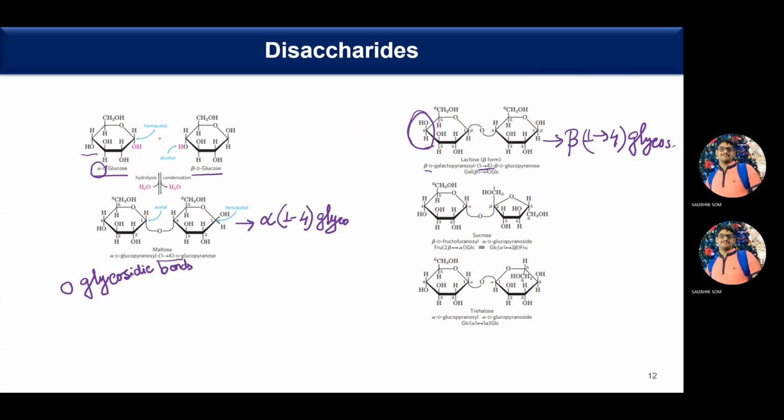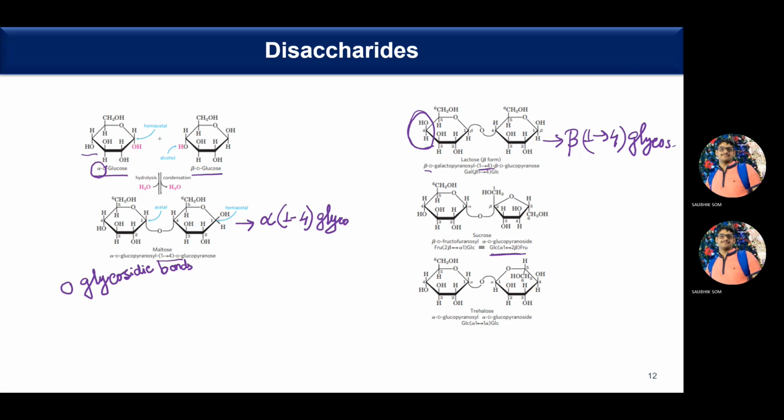So glucose and fructose. There will be alpha glucose and beta fructose. So it is glucose alpha 1,2 beta fructose, correct? So you can see here, depending on which anomers you are using, alpha or beta, the glycosidic linkage will also change.